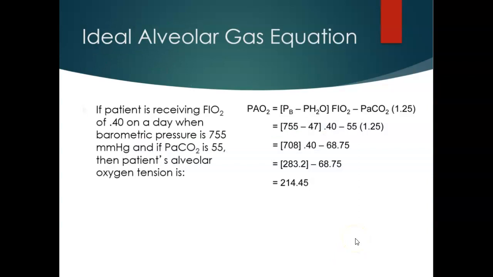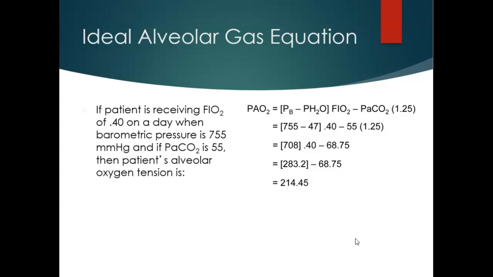All right, so here's an example, plugging the numbers in. You're given an FiO2 of 40% on a day that the barometric pressure is 755. The patient CO2 is 55, and they want you to calculate the patient's oxygen tension.